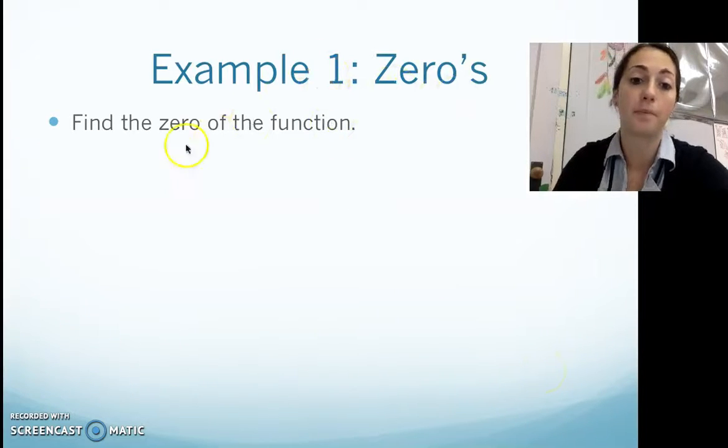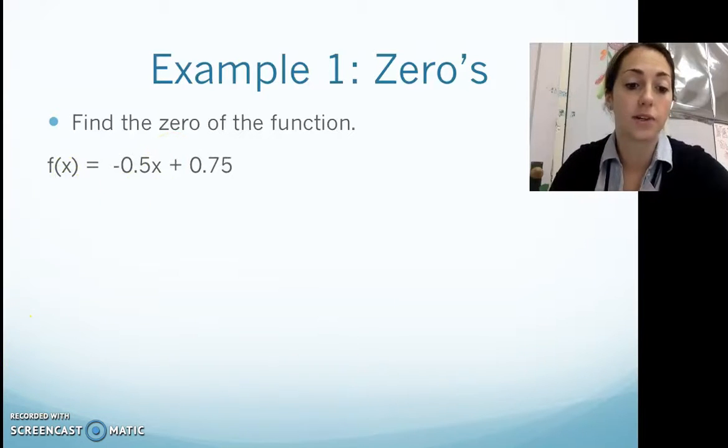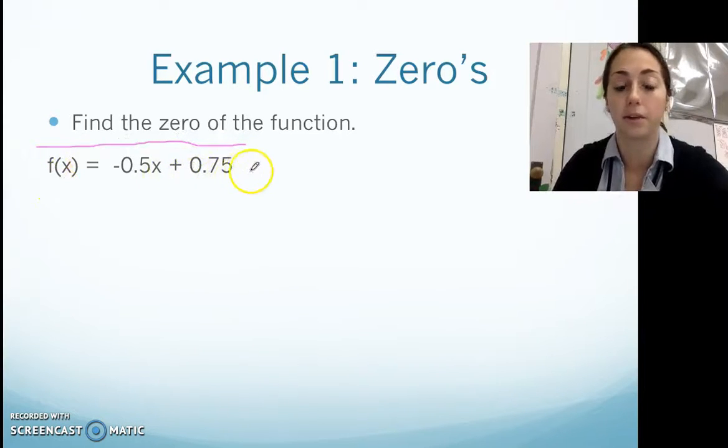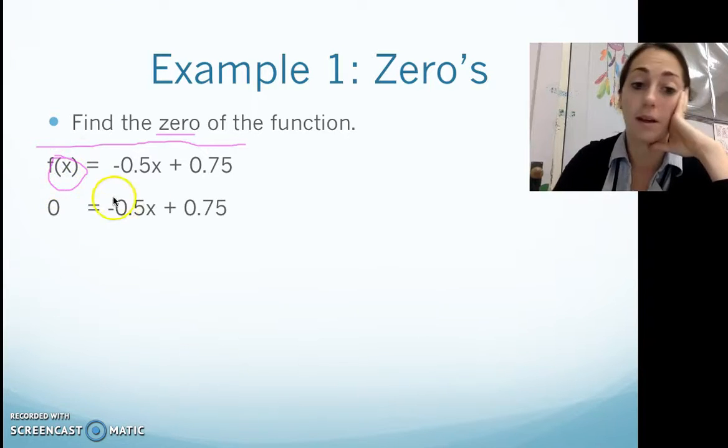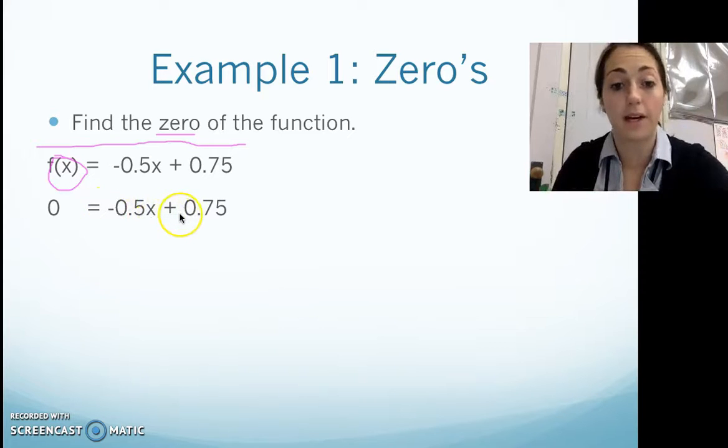Okay, example 1. Say we're finding the zero of this function. Let's say this function is f of x equaling negative 0.5x plus 0.75. So again, finding the zero of the function, I plug in 0 for my f of x value. So I have 0 equals negative 0.5x plus 0.75.